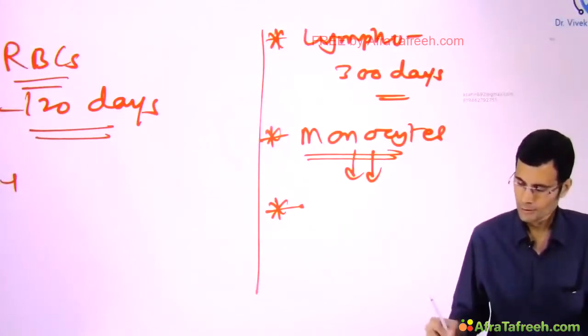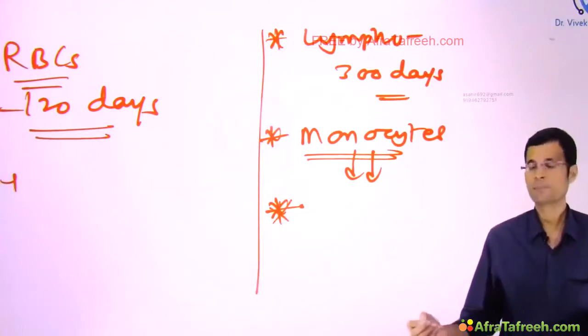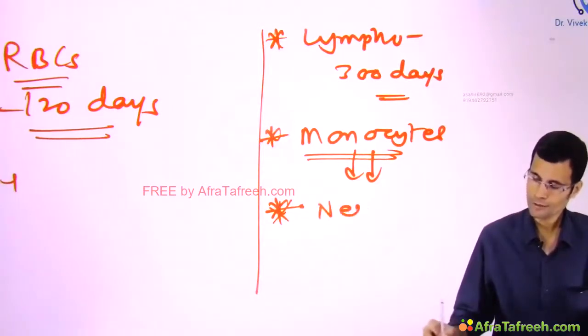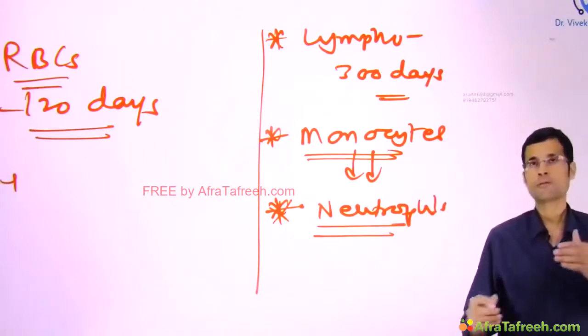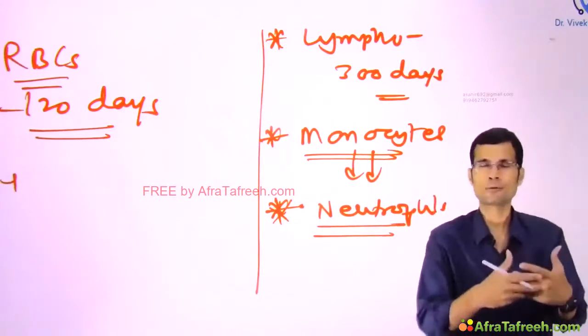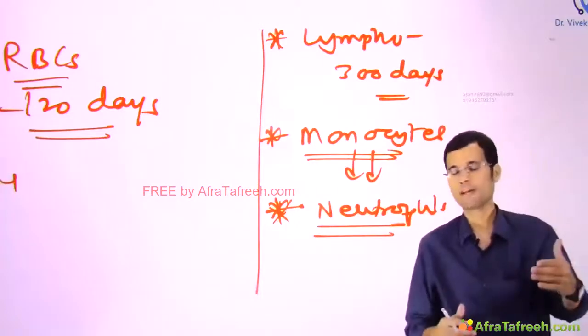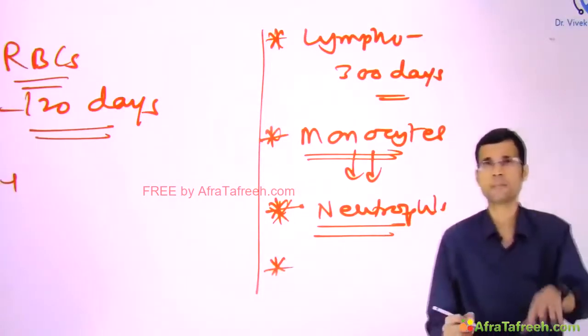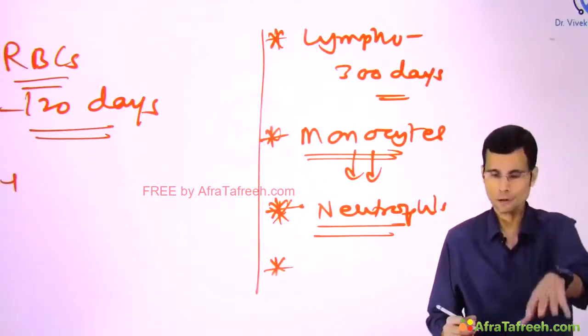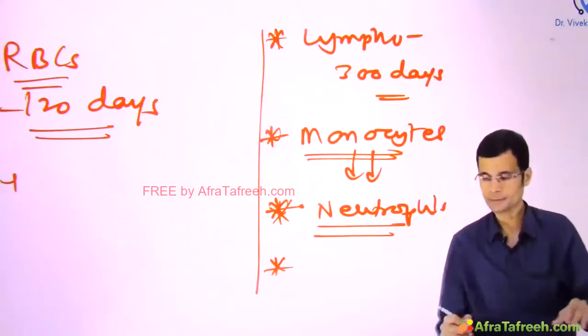Then the other cells, their lifespans. Neutrophils, I have already mentioned. The lifespan of neutrophils, 4 to 8 hours in the circulation, and next 4 to 5 days in the tissues. The other cells, eosinophils, basophils, also have shorter lifespans compared to these cells.